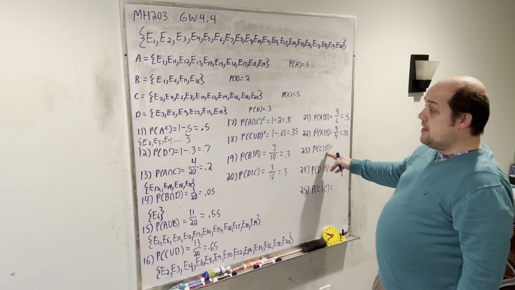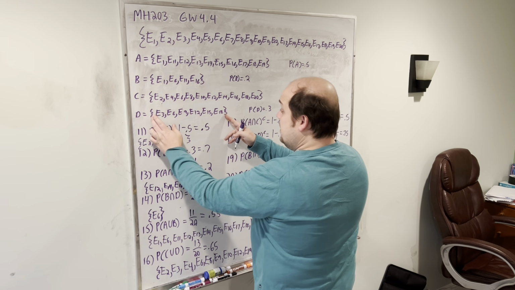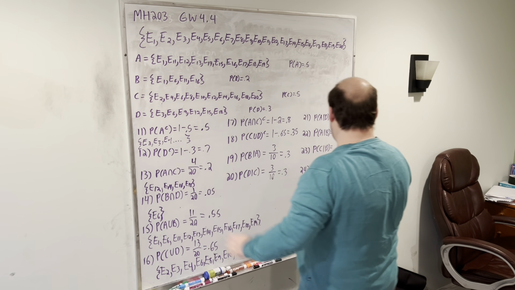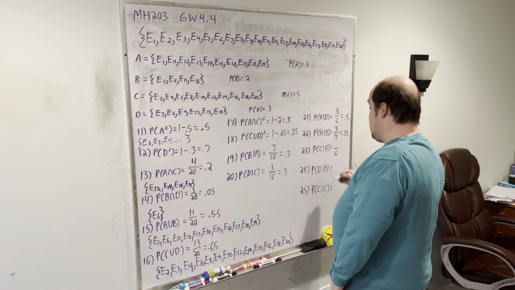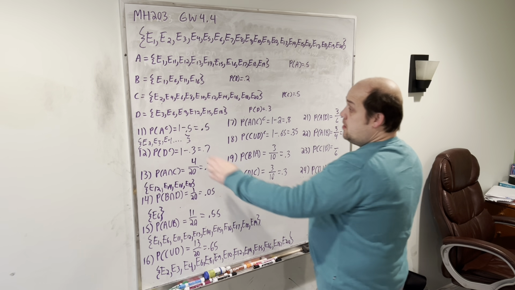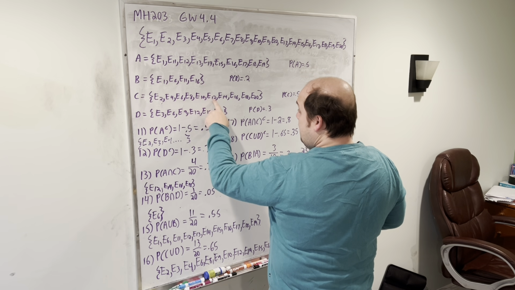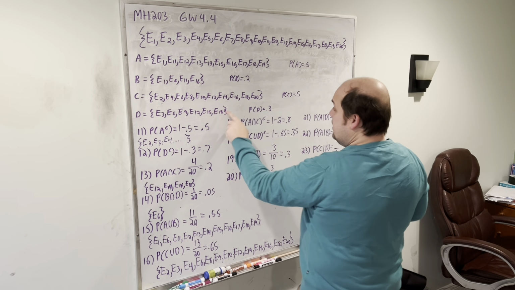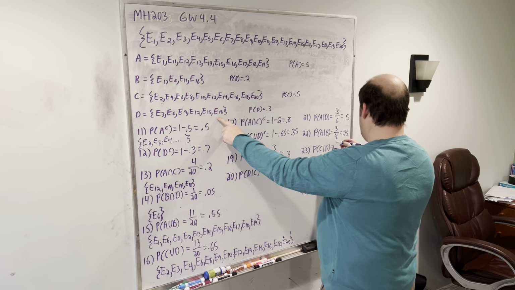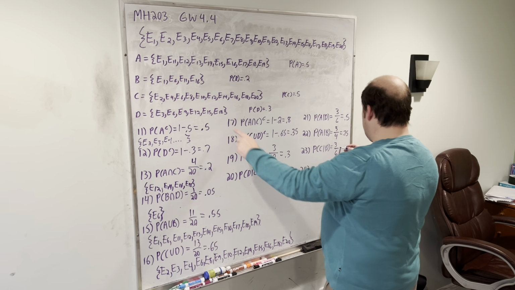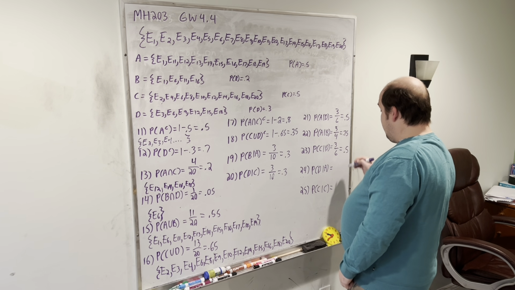Probability of C given D, we're conditioned on D already happening. There's 6 things in D, so it's out of 6. C matching with D includes E6, 1 thing, E12, 2 things, E18, 3 things. So C given D is 3 out of 6, or 0.5.